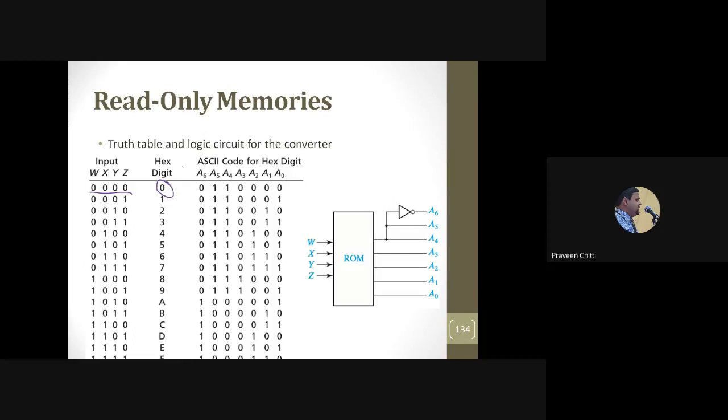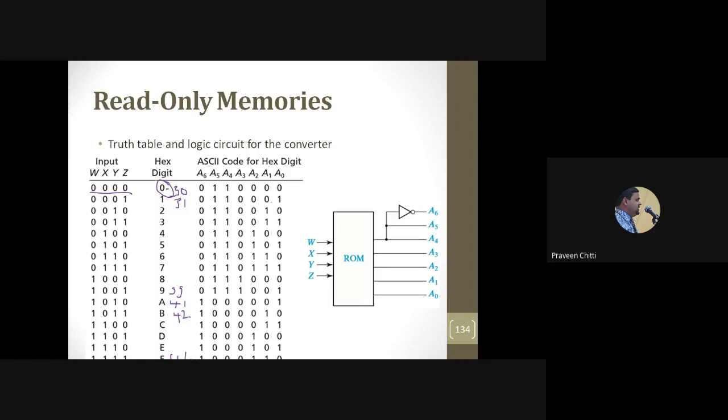If you want, you can add one more column: write the ASCII value in hex. 0 is nothing but 30 in hex. 1 is 31, and so on. 9 is 39. After 39, it is not 3A but 41, then 42, 43, 44, 45, 46. These are the ASCII values.